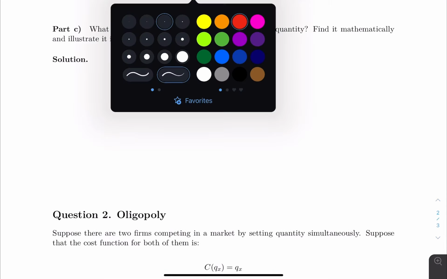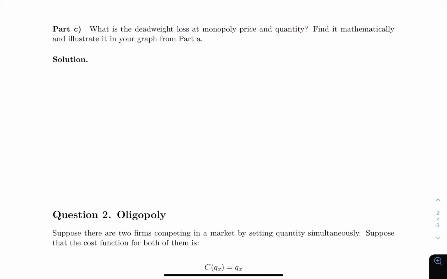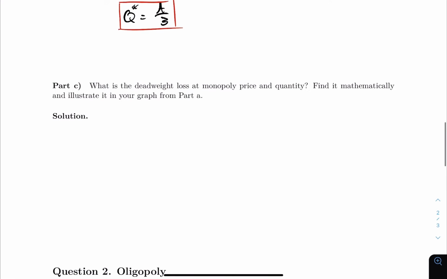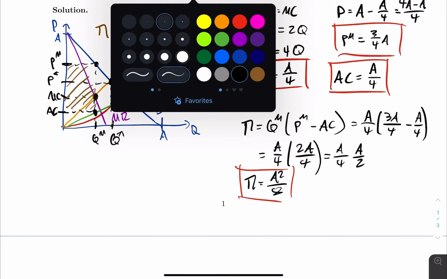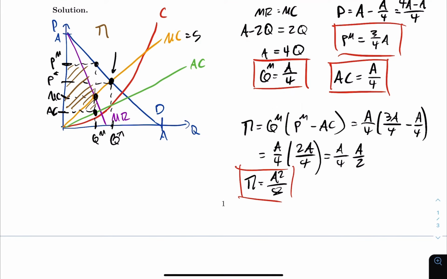So the last part is to find the deadweight loss. Let's go back up and illustrate it in our graph, and maybe we'll use neon green. We know the socially efficient quantity happens here, and we know we're producing here. So our deadweight loss is this area here. We want to find that area.